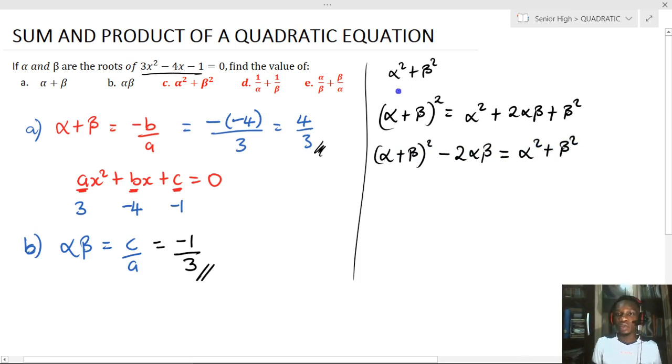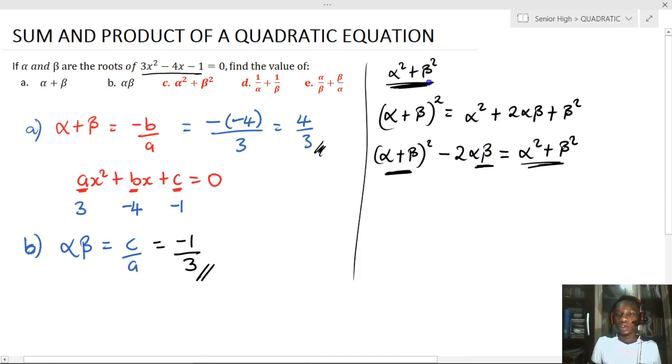That is to say that we've gotten the way of interpreting alpha square plus beta square as alpha plus beta raised power 2 minus 2 alpha beta. And notice something, our new equation is now in the form of the sum of roots of a quadratic equation and the product of roots of a quadratic equation. And this is where we're driving at.